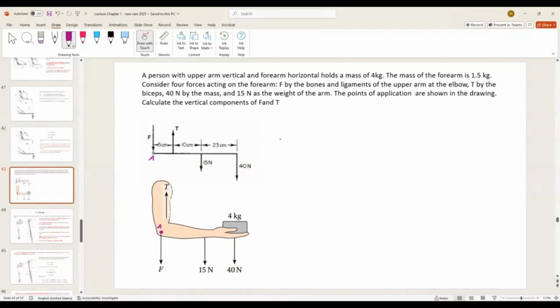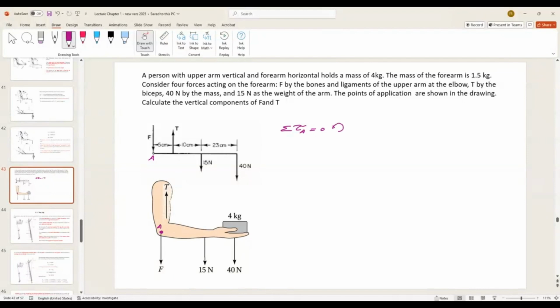We take the torque with respect to that point because by doing that, I will have only one unknown in my equation of torque. That would be the tension on the bicep. So I say the sum of the torque with respect to point A is going to be 0.